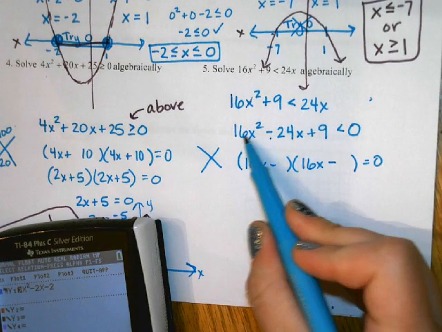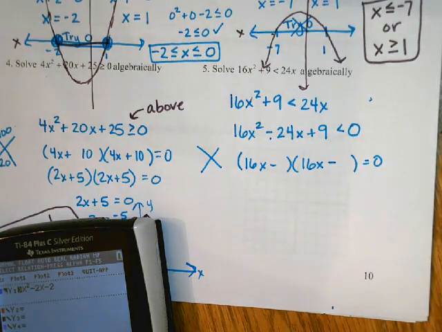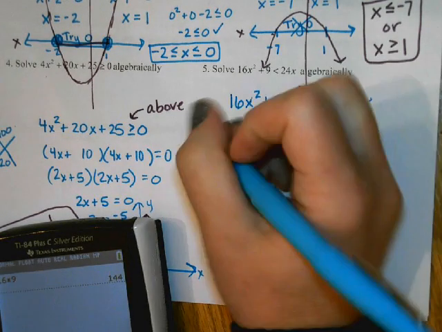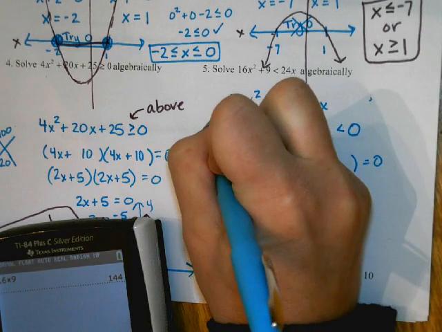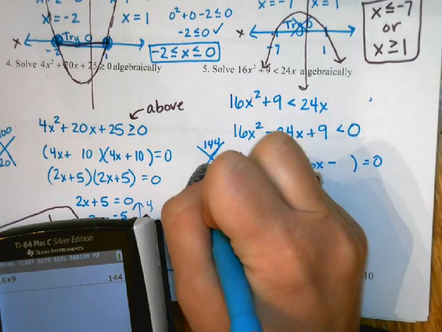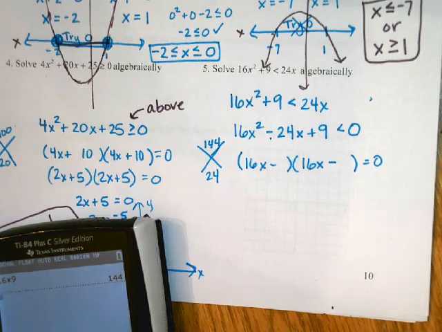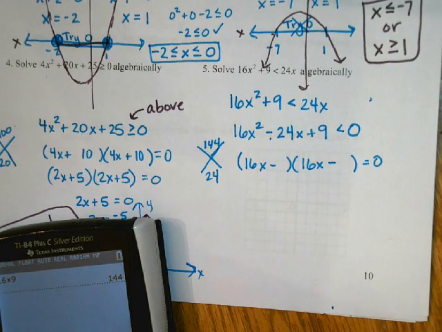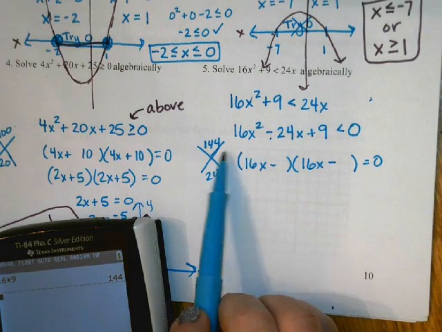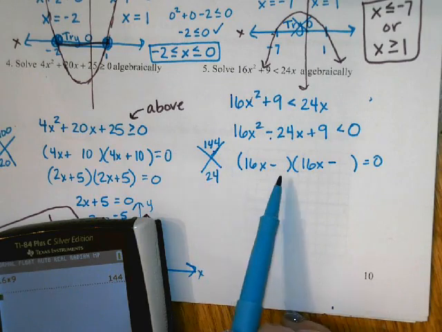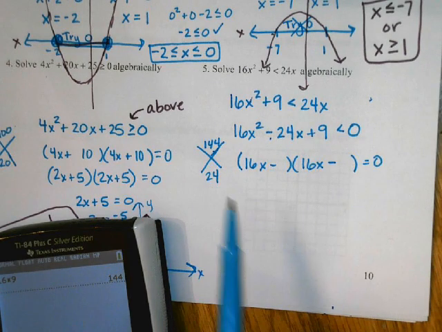Multiply your first and your last, so 16 times 9. I need two numbers that multiply to 144. Signs are the same, so they add to 24.